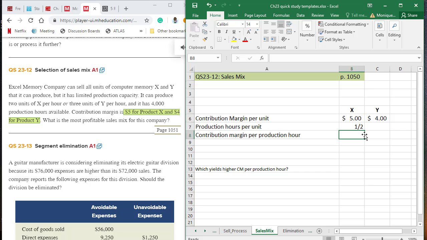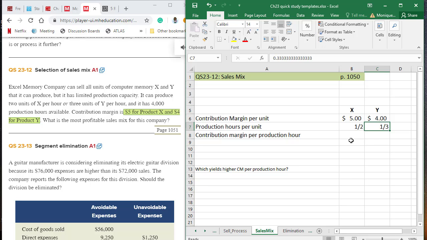Or if you take 2 and divide it into 60 minutes, you'll get 30 minutes, which is half an hour. Now, Y, on the other hand, you can do 3 units. So 3 into 60, that's 20 minutes. 20 minutes is 1/3 of an hour. And we have that information.